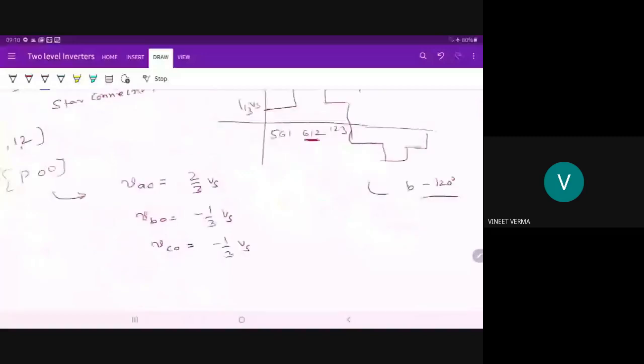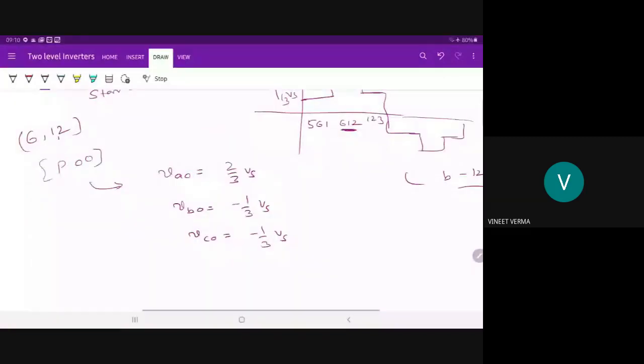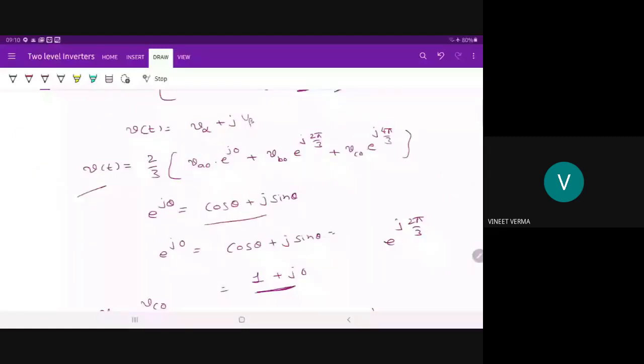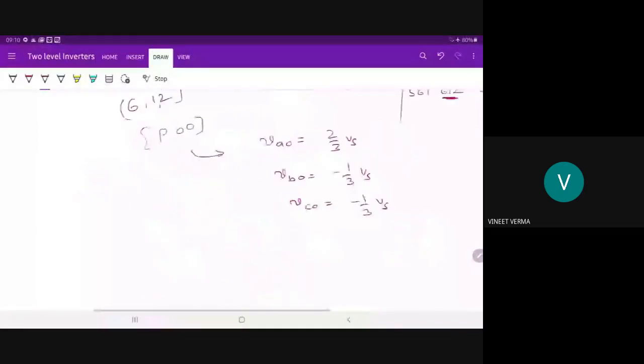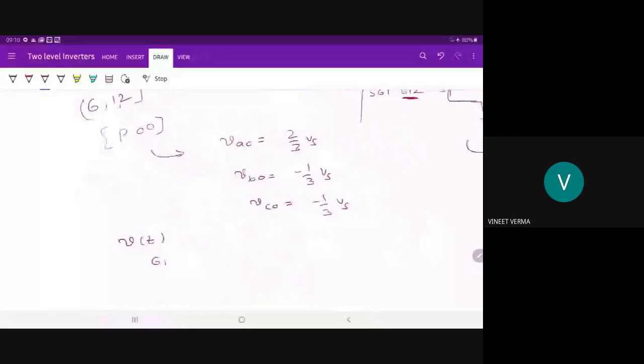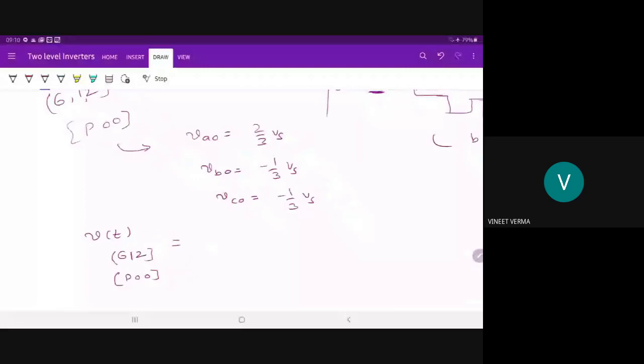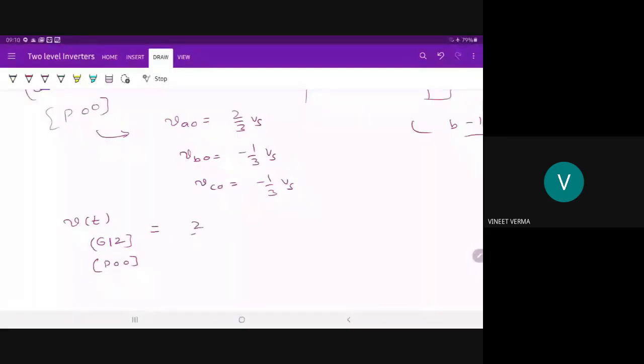So for this particular case, VA0 is 2 by 3 Vs, VB0 is minus 1 by 3 Vs, and VC0 is minus 1 by 3 Vs. Okay, if you substitute here in the expression for V of t, corresponding to 612, that is P00, you substitute VA0, VB0 and VC0 in the actual expression.